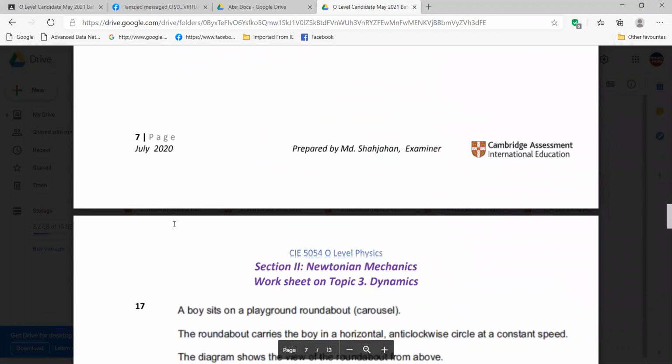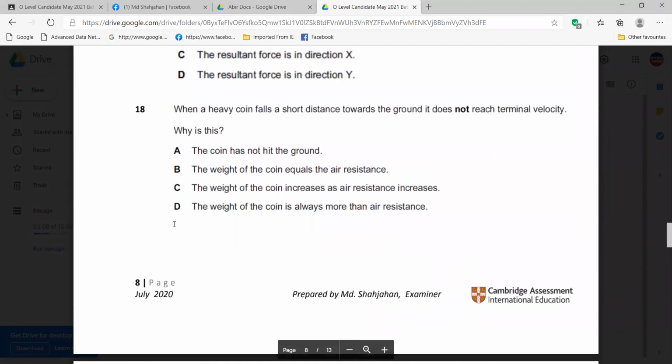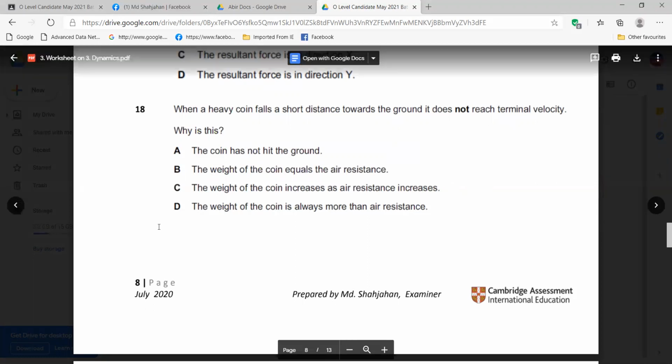Okay, so 18. You have a problem. So here you chose any option, you kept it blank. I gave C. You gave C and it's cross, right? Yes. So can you read the question for me?